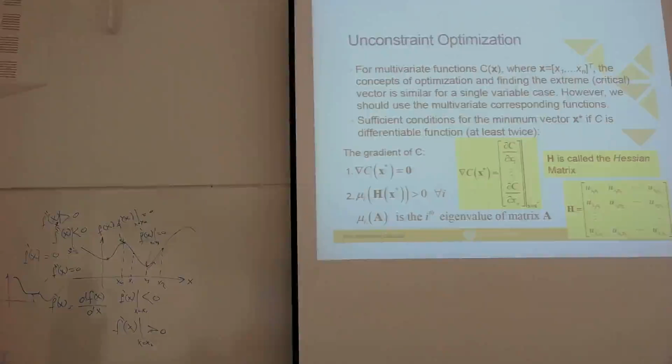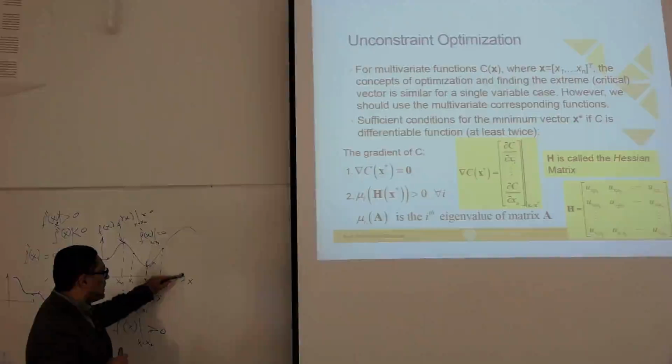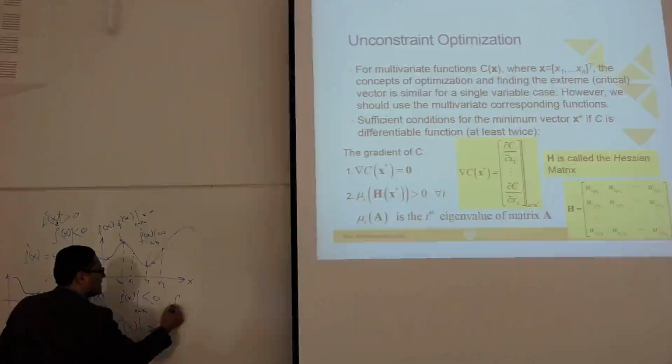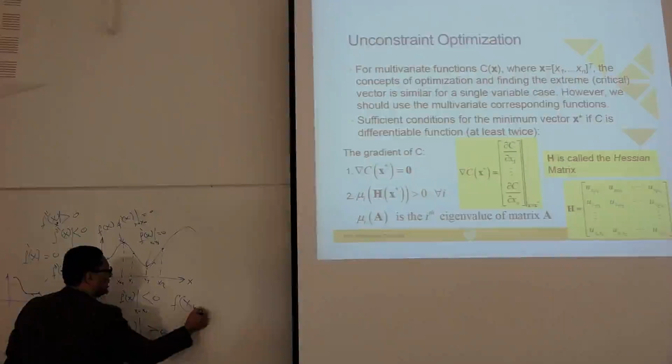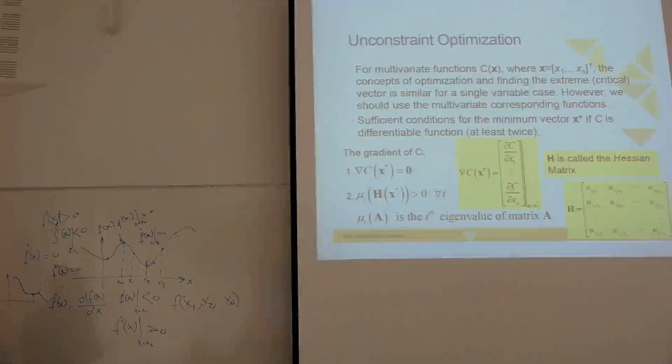What about the multidimensional or multivariate situation? Now, if we have more than one independent variable. Here we have only one independent variable, x. But in many situations, f might be a function of x1 and x2 up to xn. So we might have multivariate problems.